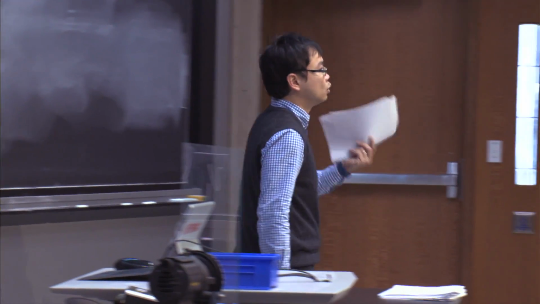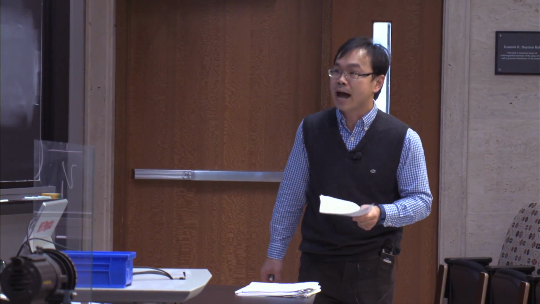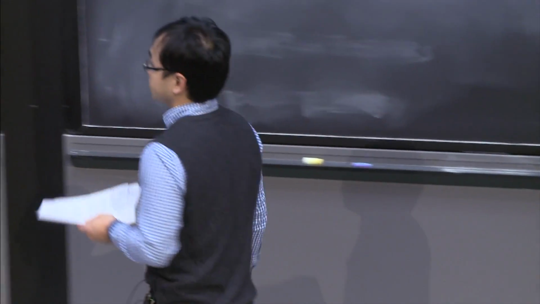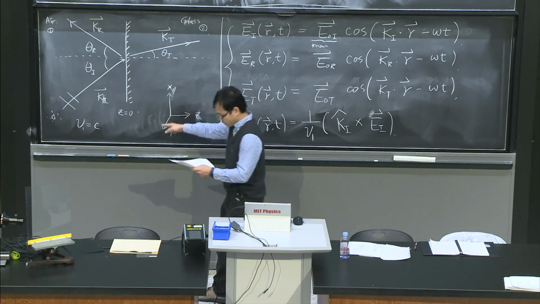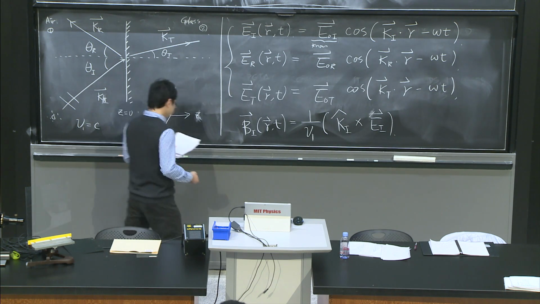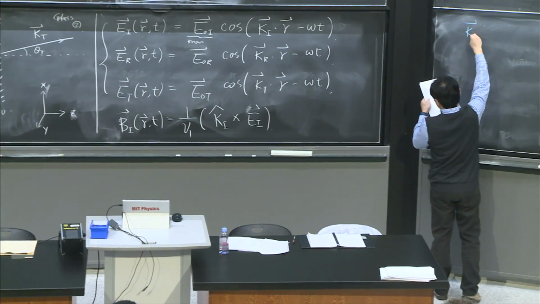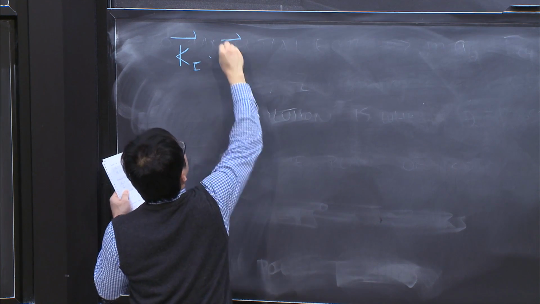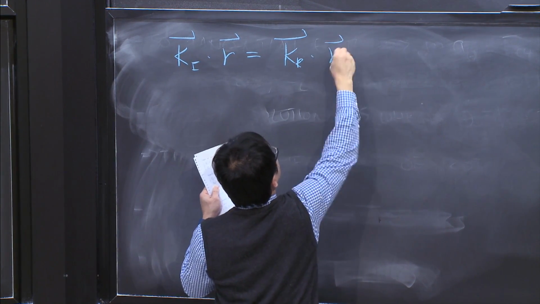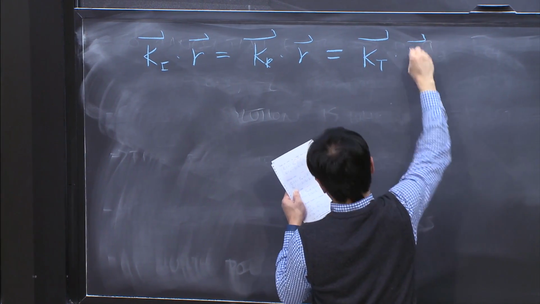When we discussed 2-dimensional and 3-dimensional waves, we concluded that if the wave is continuous at the surface z equal to 0, you can immediately conclude that K_I dot r equals K_R dot r, which equals K_T dot r.